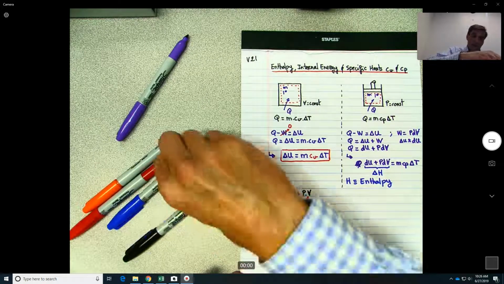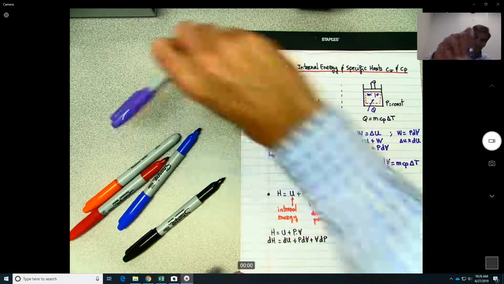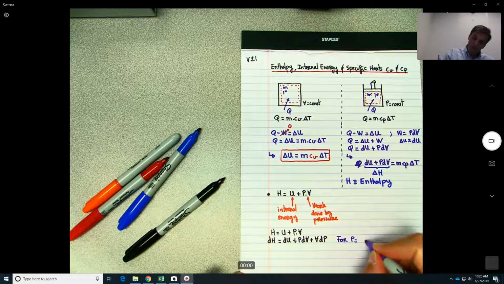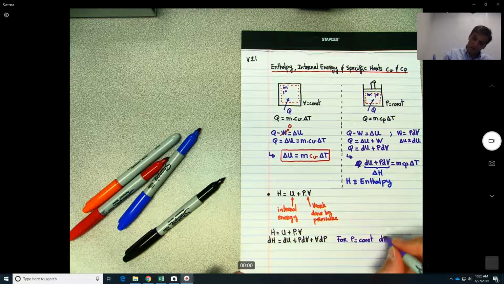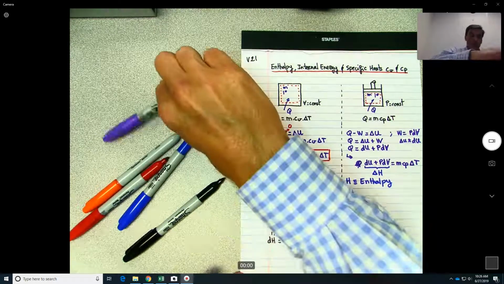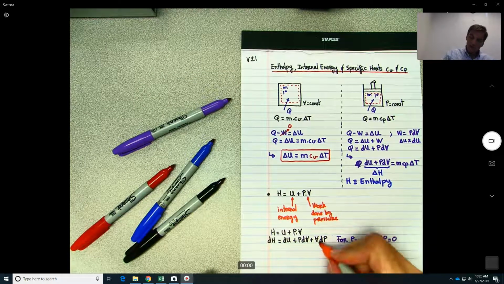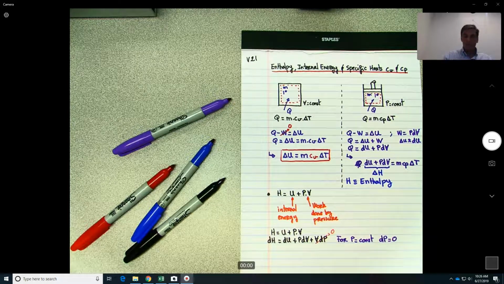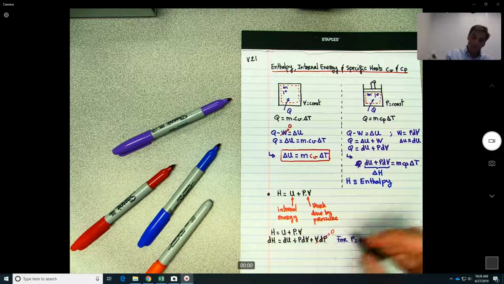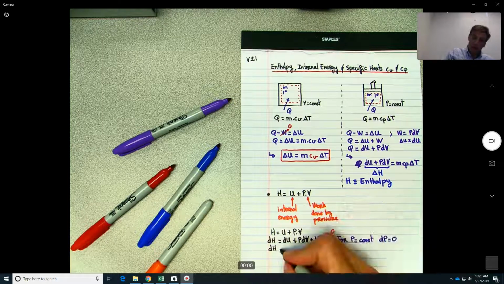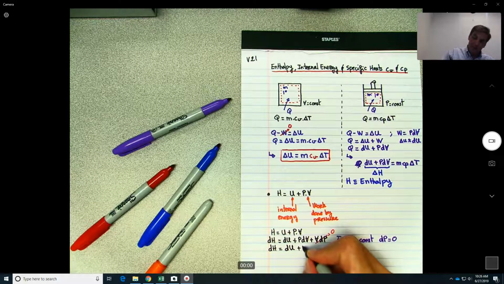For P constant, what do you have? dP will be 0. So that will mean that we can cancel that term, and we'll have that dH, which is the same term we have over here, will be equal to dU plus P dV.